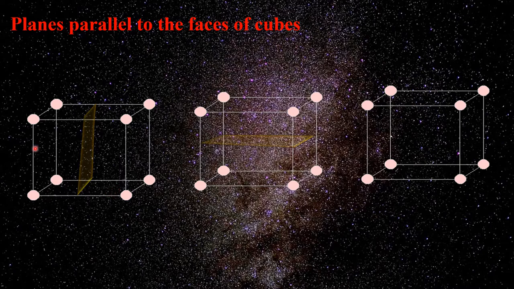Let us take another parallel plane, that is, this plane parallel to these two faces. This plane again divides this cubic crystal into two equal parts. This upper part and lower part are mirror images of each other, that is, both are equal in symmetry, both having equal shape.